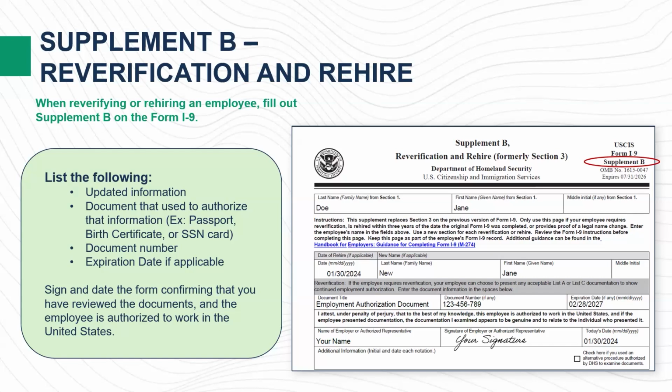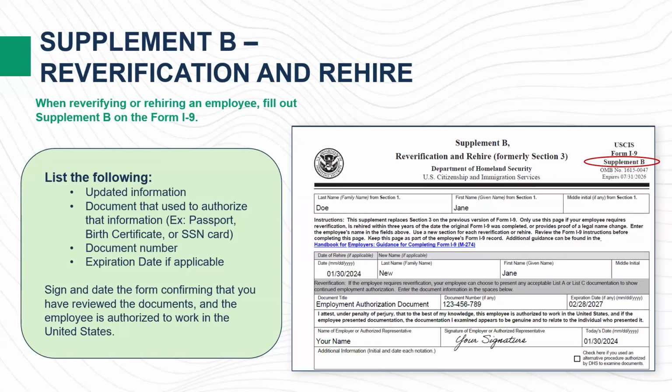So upon re-verification, the employee must present unexpired documents from either List A, remember that passport, green card, something to that effect, which establishes both identity and employment eligibility, or List C, which establishes employment eligibility. Remember, any forms they give you in List B are probably not going to need to be re-verified. Okay.